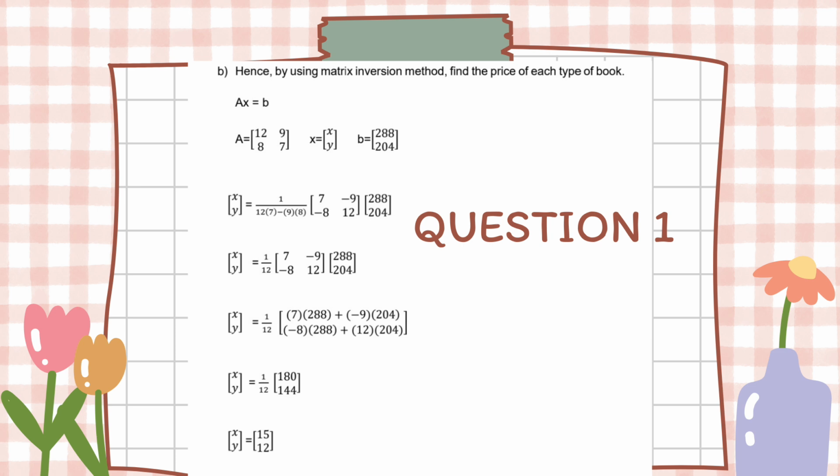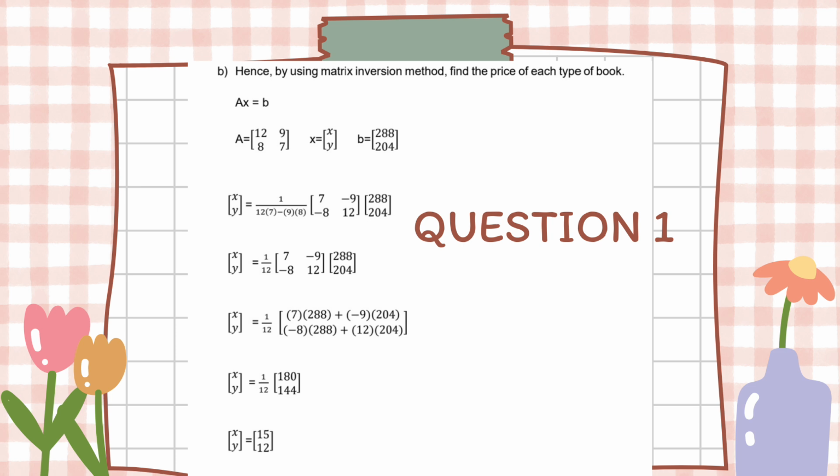Then, to find x and y, we have to multiply inverse A with B. As we can see here, the solution is 1 over 12 times [7, negative 9, negative 8, 12] times [288, 204].